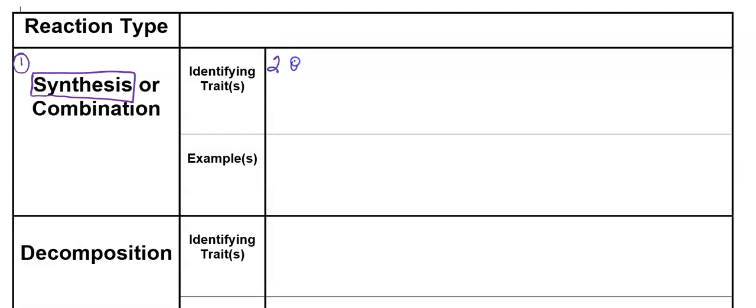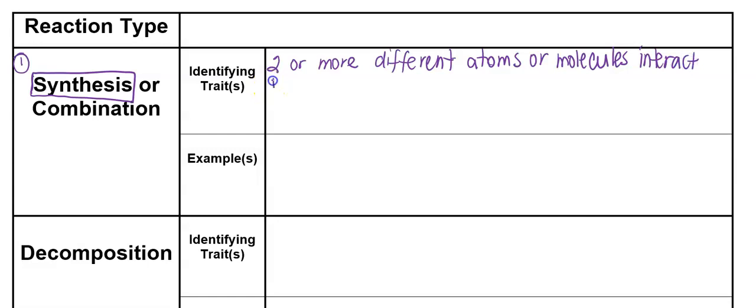So when I have 2 or more different atoms or molecules interacting to form a different molecule or compound.